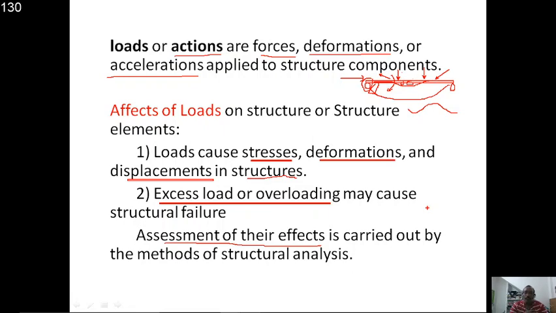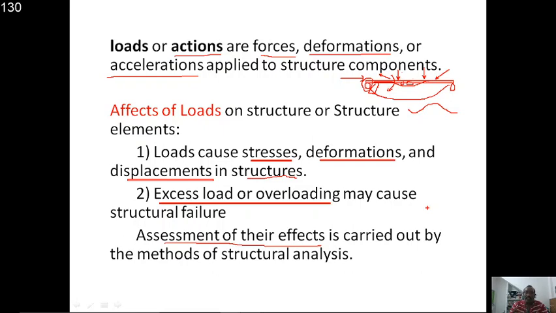Some latest programs like STAAD Pro and Midas, and AutoCAD, are software available for civil engineers. With those software you can analyze the effects of the loads on the structure.